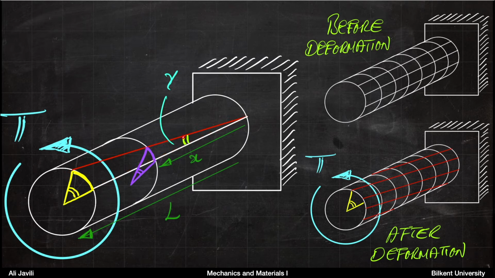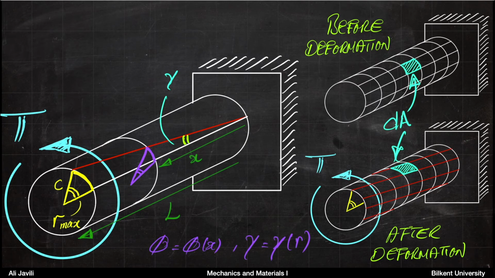Between the two lines, you also get this angle, and we want to call that angle gamma. I intentionally call that angle gamma because I want to remind you of shear strain. We will see shortly that this is exactly the shear strain that we talked about before.